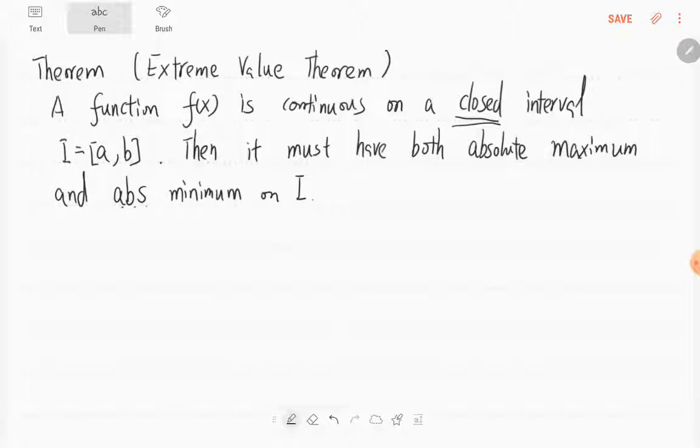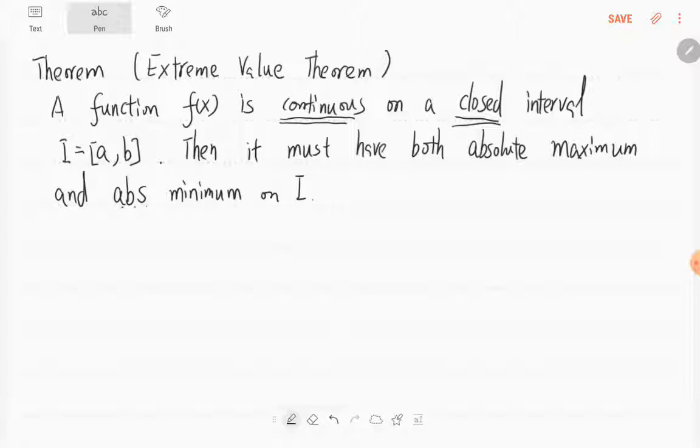So here is some important information. The function should be continuous, and the interval should be a closed interval. Then you can guarantee that the absolute maximum and the absolute minimum exist.